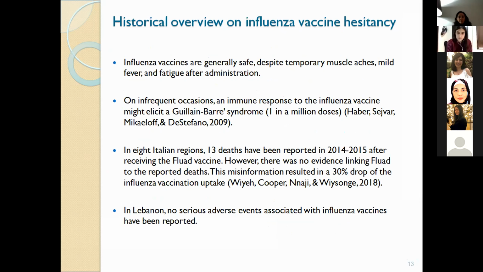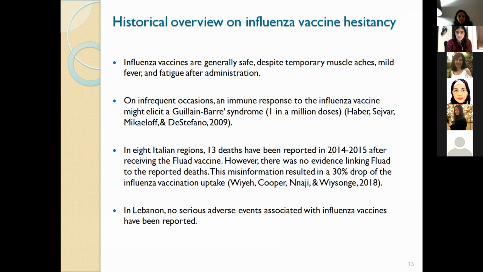Regarding influenza vaccine hesitancy, influenza vaccines are generally safe. Studies report that on a rare occasion, 1 in a million doses, Guillain-Barré syndrome might be triggered. I have an Italian study that said that 13 deaths were linked to Fluad vaccine, but later on it was refuted. It was not confirmed.